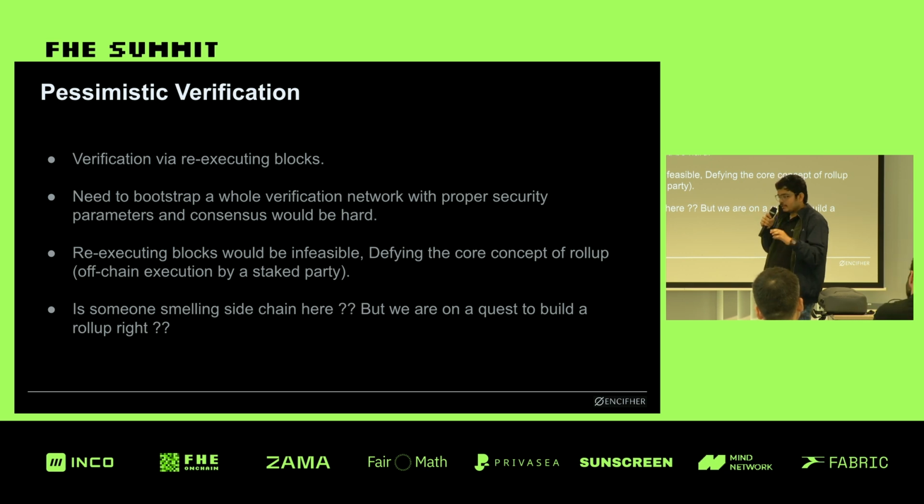If you think a bit more in that context, the rollup is relying on the security of that verification network, which is similar to a sidechain, because a sidechain also relies on its own infrastructure to provide security guarantees over the transactions. So it's a bit similar to a sidechain over here. So we won't delve into this construction.